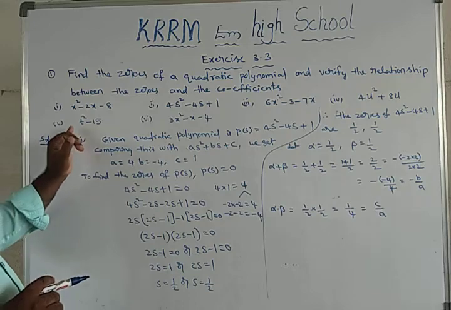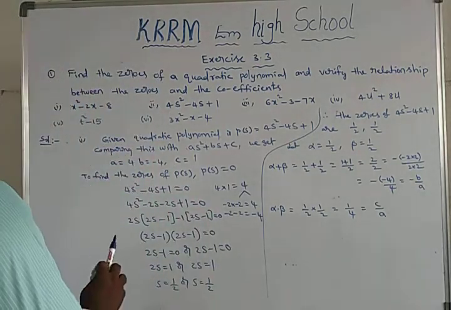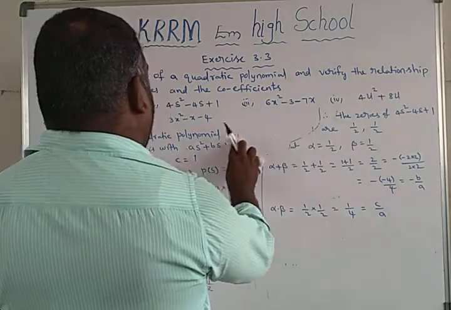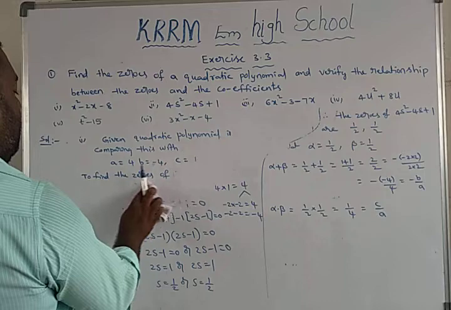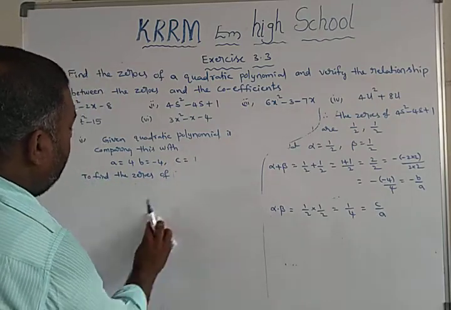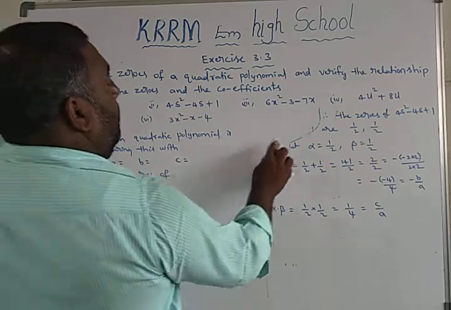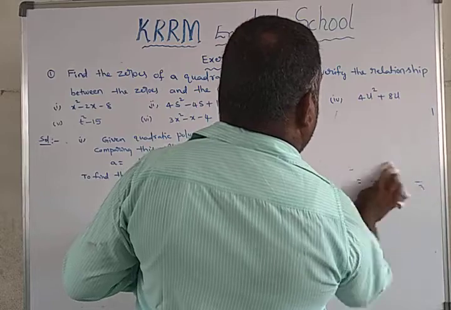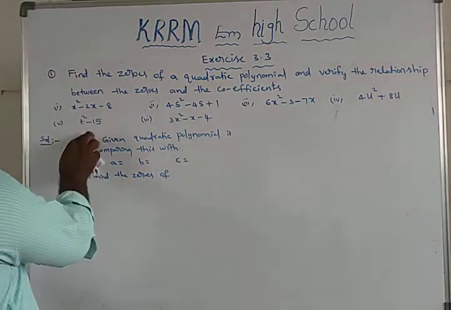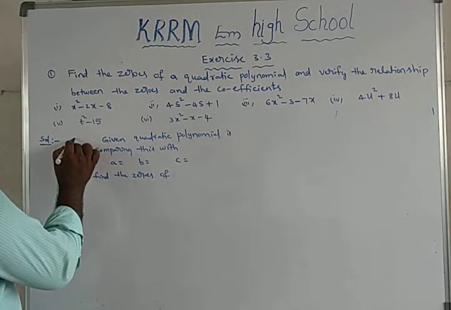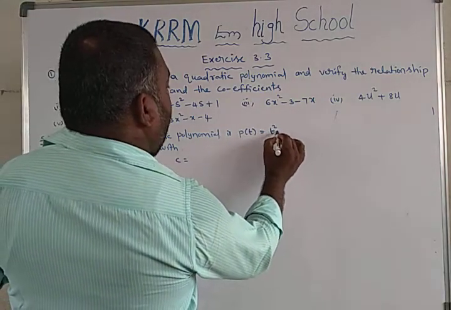Now I want to solve the fifth problem. The given quadratic polynomial is p of t is equal to t square minus 15.